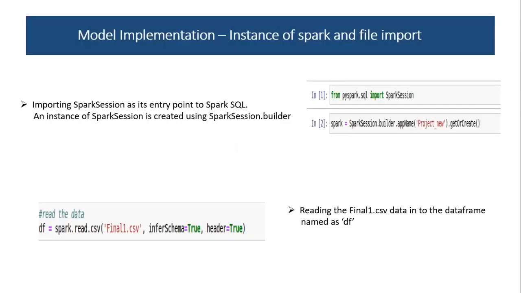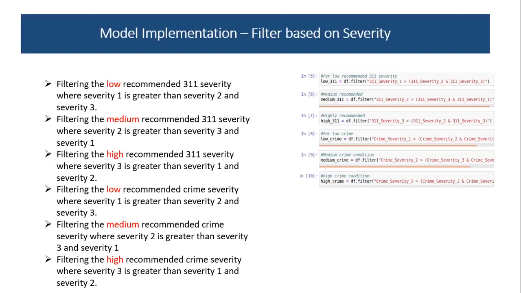And then of course after that we process that, we can start to build the model by using PySpark, and then we create the model, and we read the final CSV file and do the processing. Here we do the filtering to get all this information.